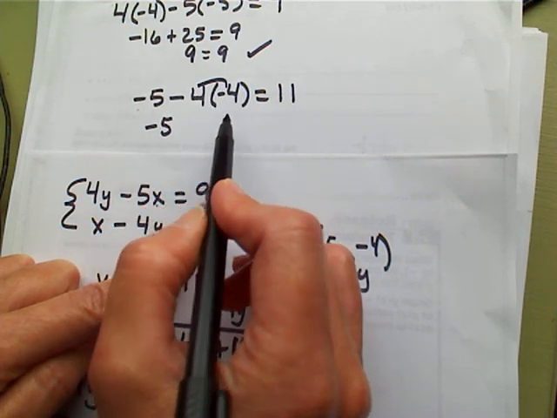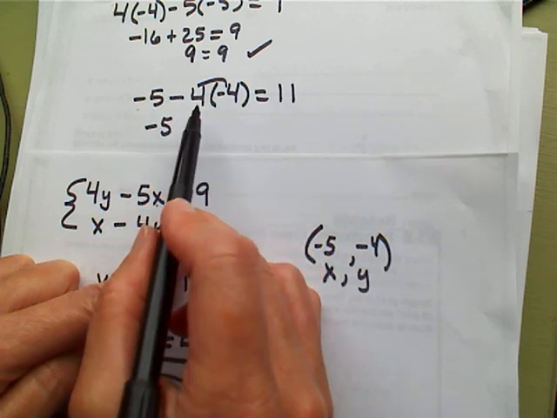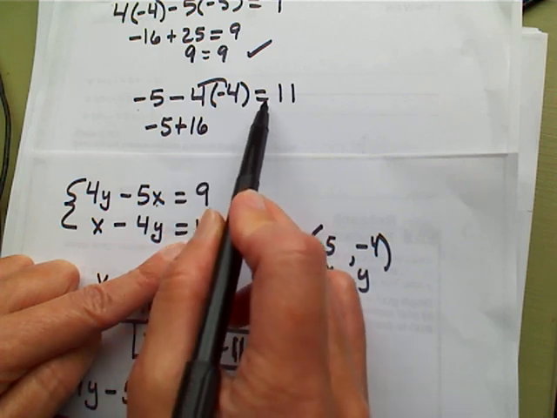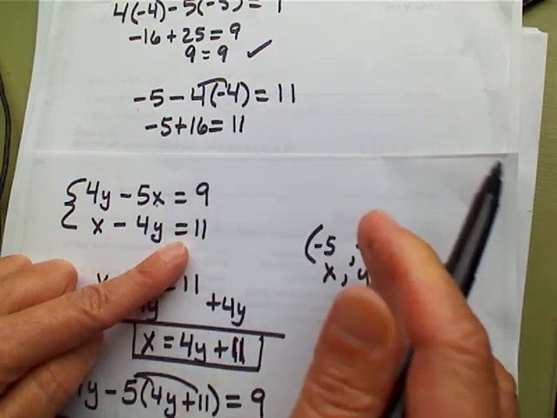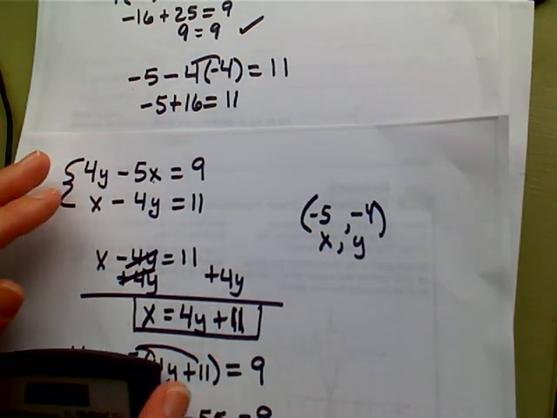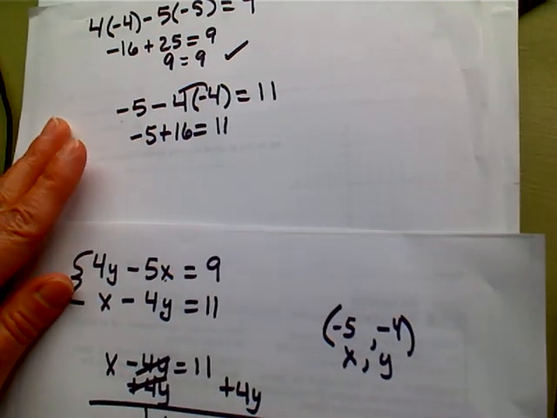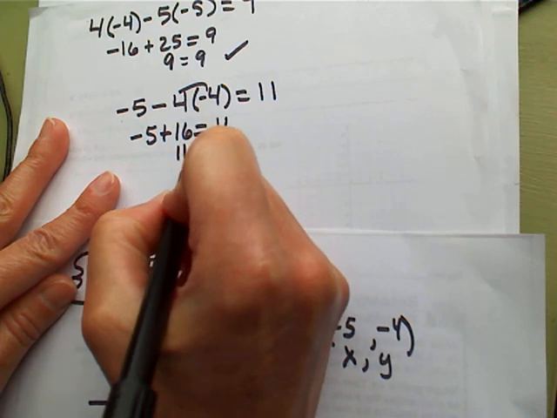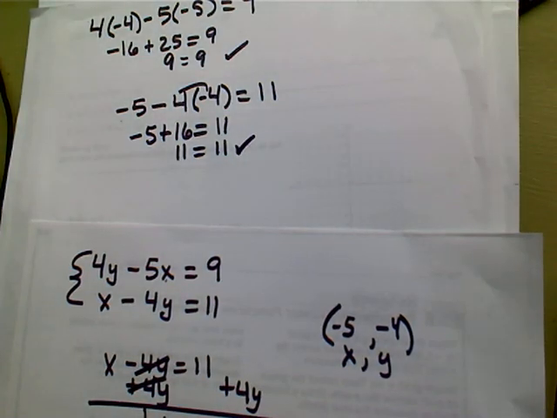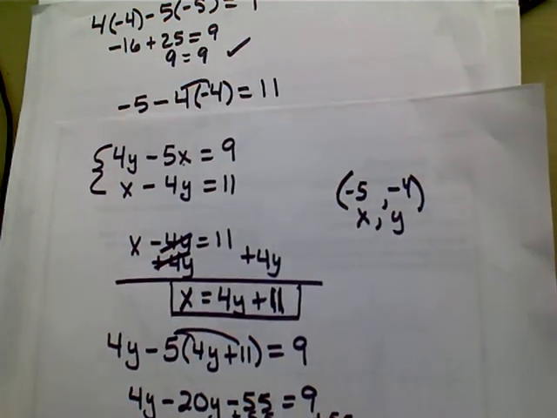These two are the ones that are being multiplied, right? So we have a negative times a negative, which is going to make a positive, and 4 times 4 is 16, and then equals 11. So finally, negative 5 plus 16, we know, is 11. And that one checks. So I know that I did my substitution correctly, simply by checking my work.